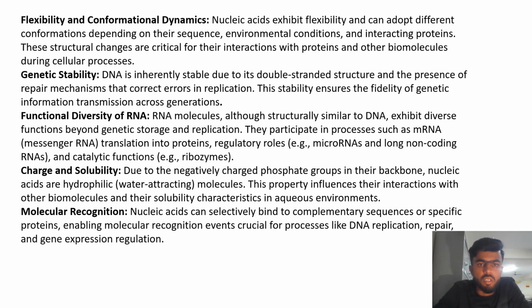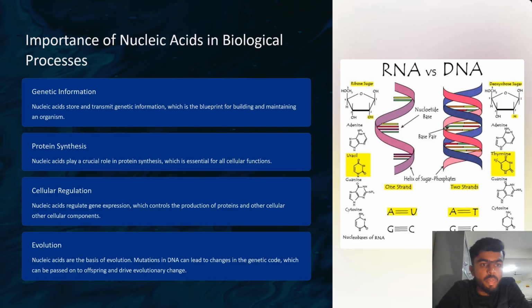Flexibility and conformational dynamics, genetic stability and functional diversity of RNA, charge and solubility, molecular recognition. These are the properties of nucleic acids. Importance of nucleic acids in biological processes: genetic information, protein synthesis, cellular regulation, and evolution. These are the biological processes of nucleic acids.